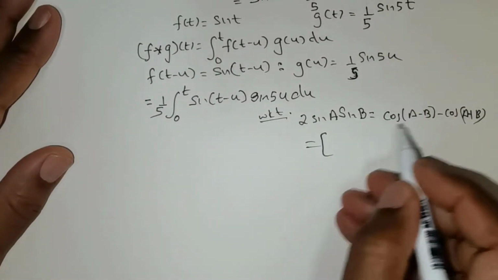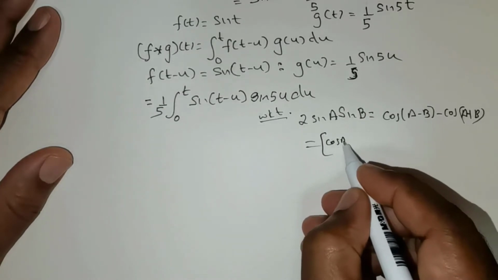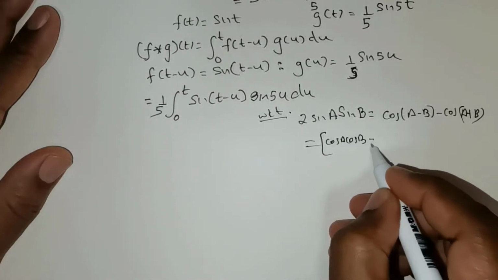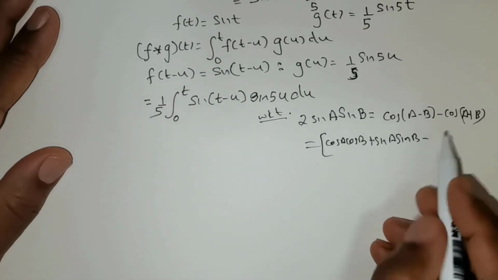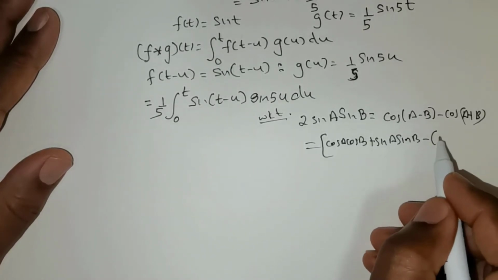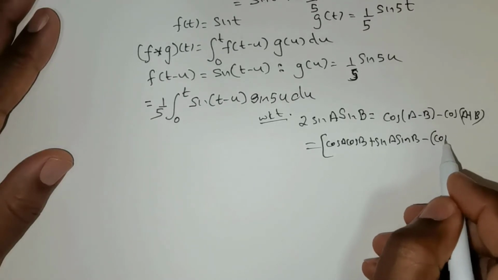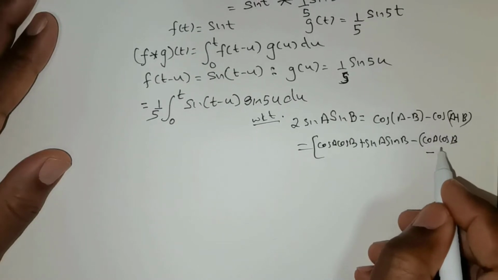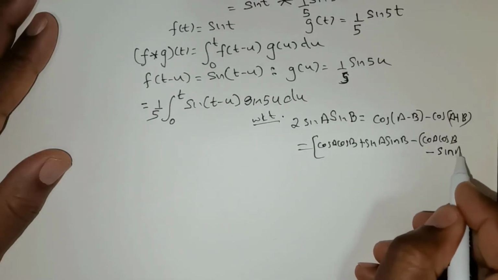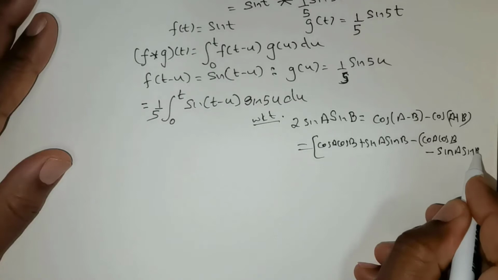Now cos of A minus B is cos A cos B positive sin A sin B. Negative cos of A positive B is negative of cos A cos B, and this is positive, so it's going to be negative here. So negative sin A sin B.